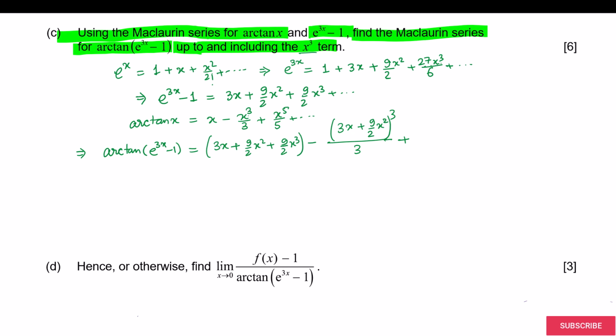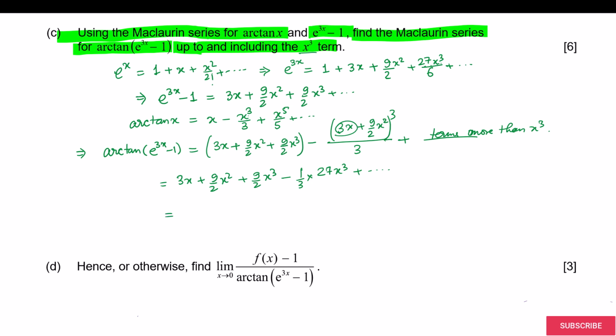So it is of no use because the terms will be of degree more than x to the power 3, so we'll leave that. So this becomes 3x plus 9 over 2 x squared plus 9 over 2 x cubed, and then for the cube we can take just 3x common from here and the rest are going to be more than that, so we'll leave it. So 1 over 3 into 3x whole cube is just 27x cubed, and we'll ignore the rest of the terms.